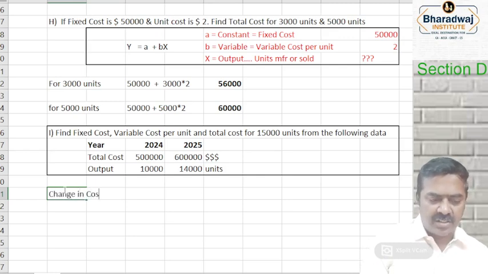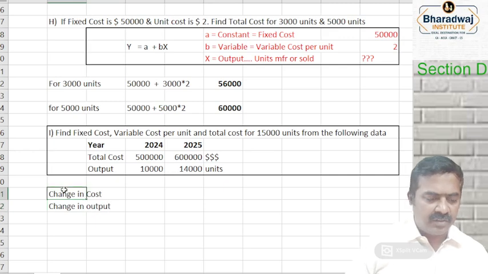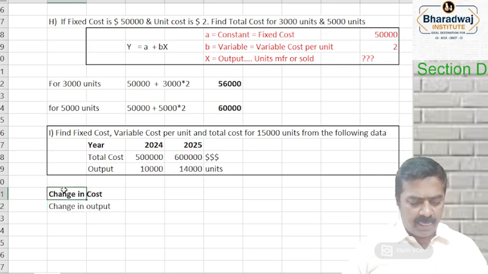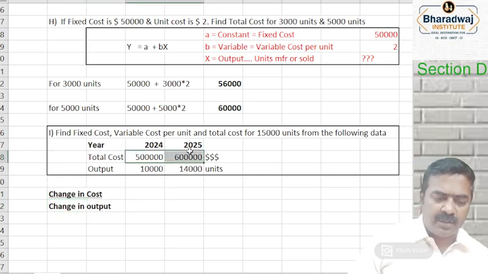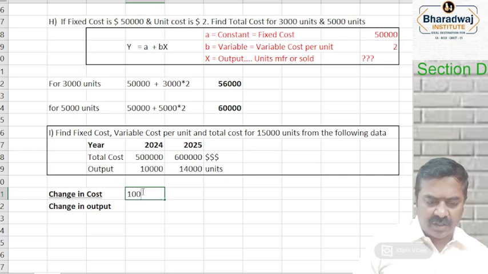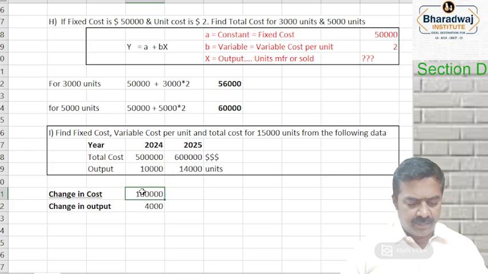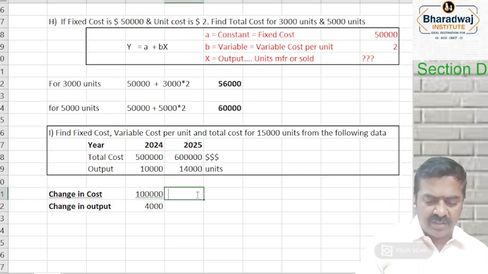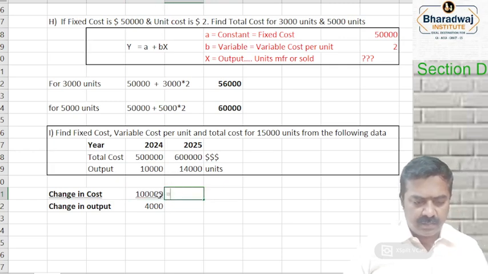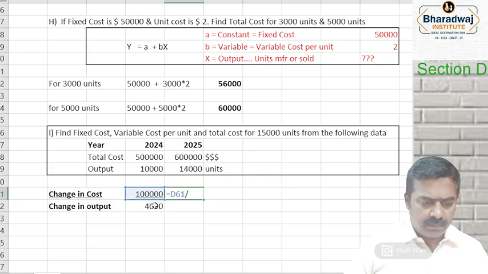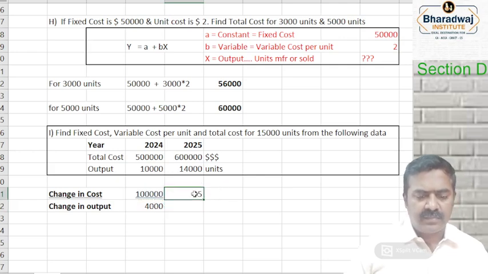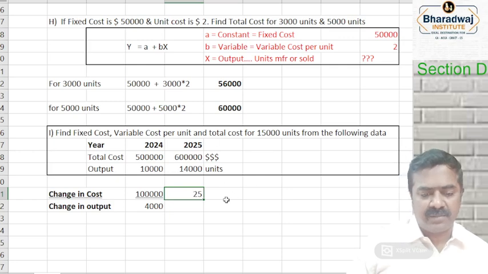Change in cost happens due to change in output, and this gives us the variable portion. There is a change of cost by 1 lakh for a change in output of 4,000. So this will give us the variable cost per unit, which is 25.